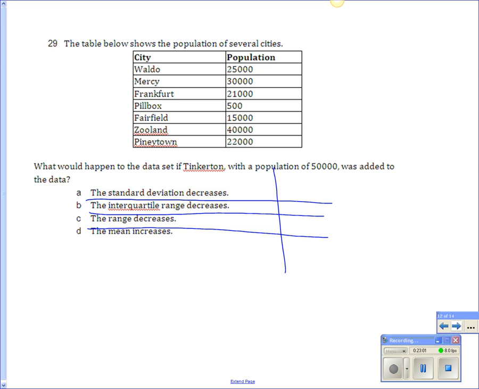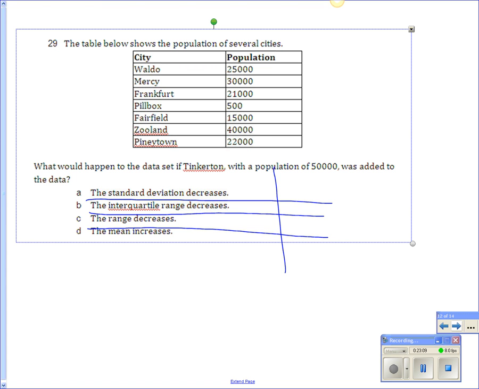Okay, we are going to put these in stat, and we're not putting in the 50,000 right now. So we're just putting these in stat, not the 50,000. So you're putting in 1, 2, 3, 4, 5, 6, 7 numbers in stat. Putting in 7 numbers.